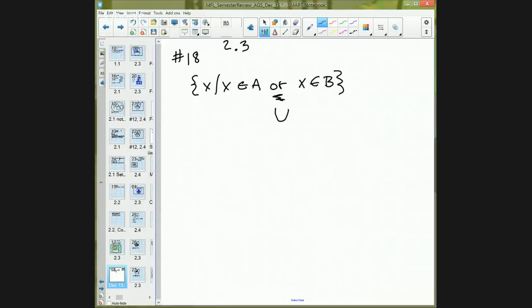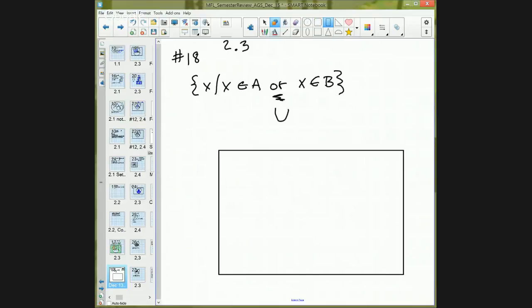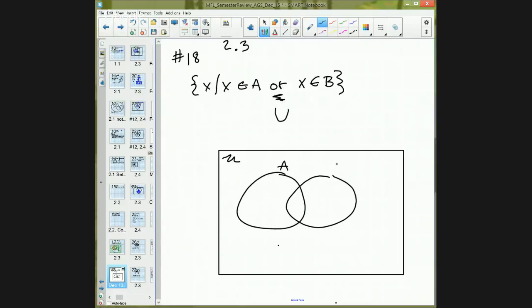So it's everything in A or in B. When we set this up, we're going to draw a rectangle here, and because it's an OR, it's a union between A and B.